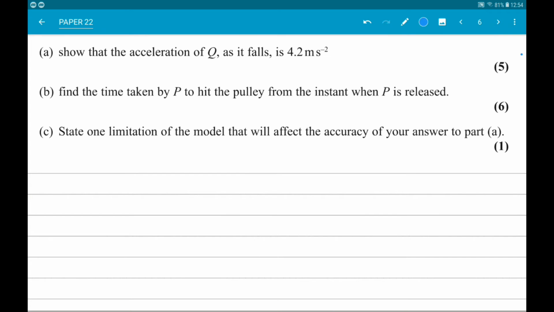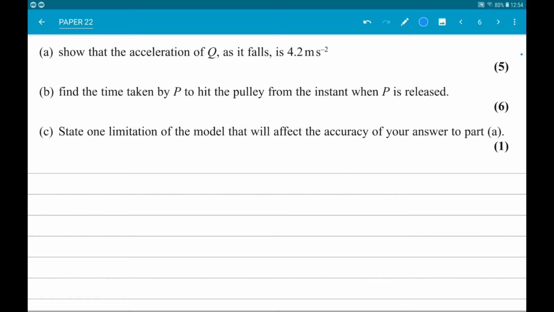B. Find the time taken for P to hit the pulley from the instant it was released. So this is quite tricky. There are two parts to this. There's part of the journey while Q is falling and accelerating, which is also going to make P accelerate.